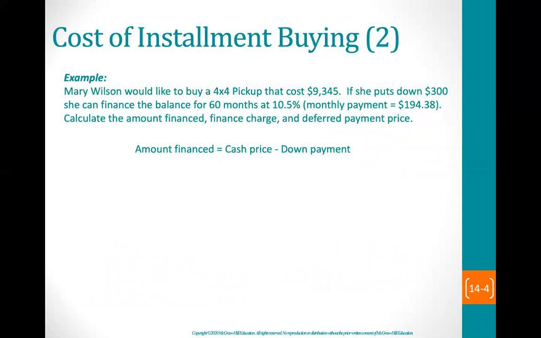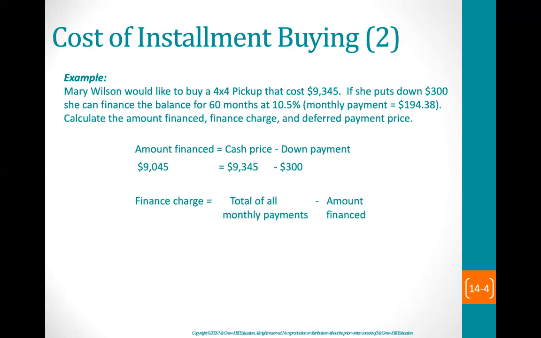So the amount financed is the cash price of the vehicle less whatever she's paying down. In our example, the cash price was $9,345 and she makes a down payment of $300. So she's going to end up financing $9,045. The finance charge is the total of all monthly payments less the amount financed.